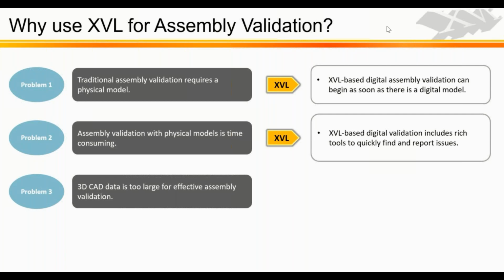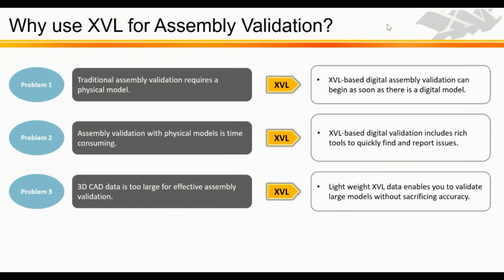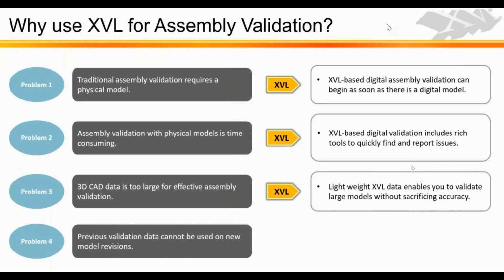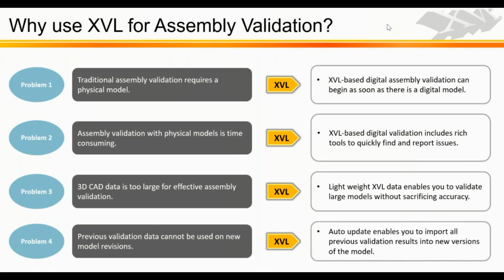In general, 3D data is too large for effective assembly validation. But XBL data is lightweight, and it enables you to validate large models without sacrificing accuracy. And finally, previous validation cannot be used on new versions of the model. But XBL's auto update function enables you to import all your previous validation results into new versions of the model.